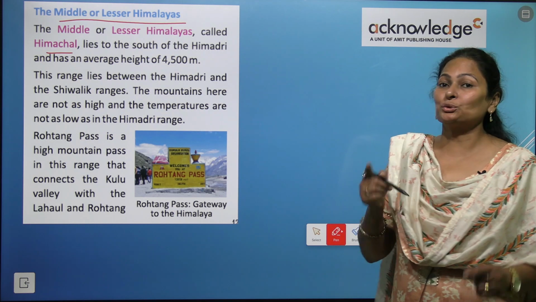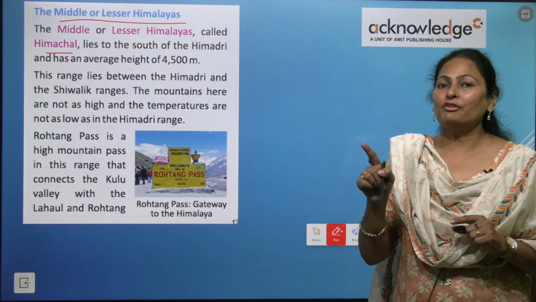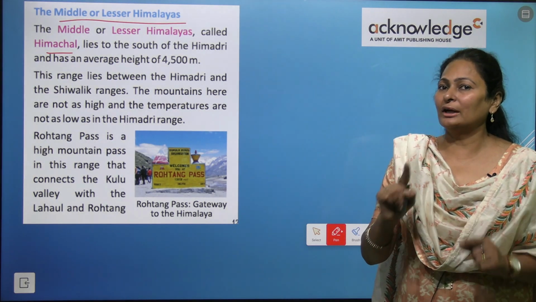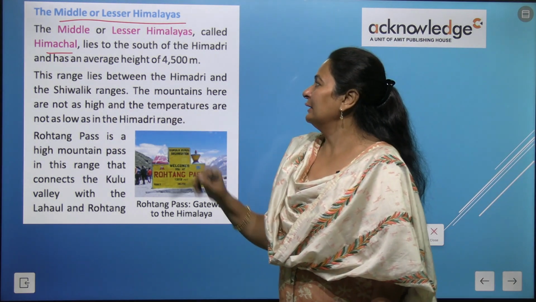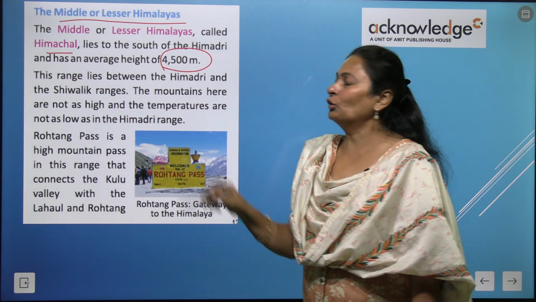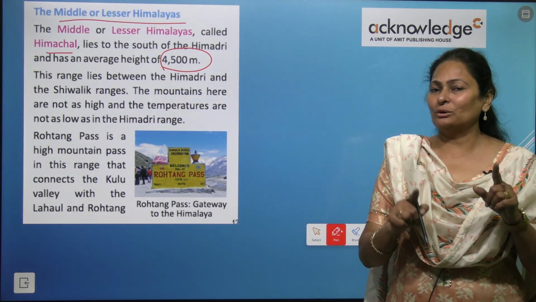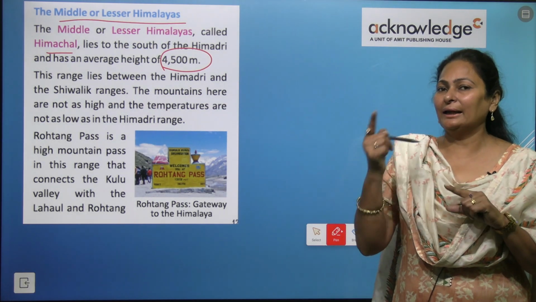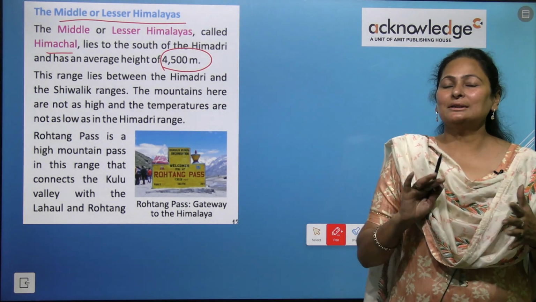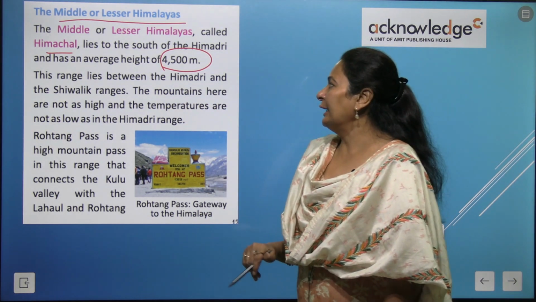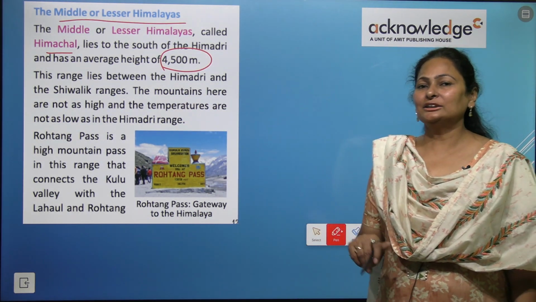It lies to the south of the Himadri range and has an average height of 4,500 meters, right? And the Greater Himalayas are approximately 6,000 meters. This range lies between Himadri and Shivalik range.